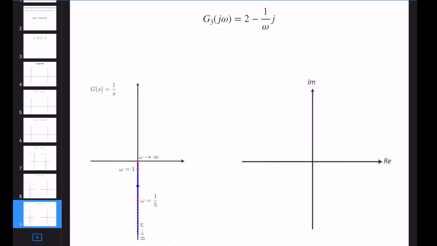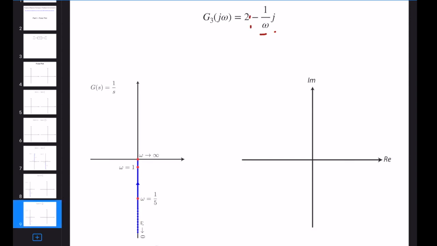And if you remember, we already plotted this, which is here. The equation says that you need to add 2, and 2 is a real number. So for each frequency here, let's say we have 0, normally it is here, but we shift it by 2 to obtain this.